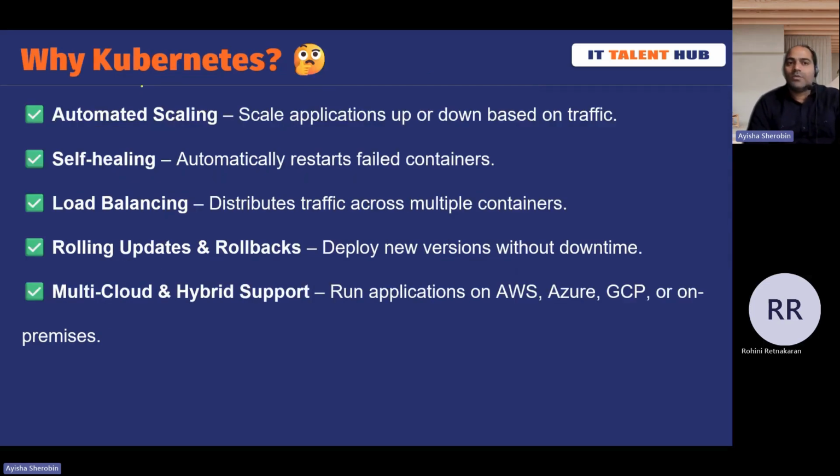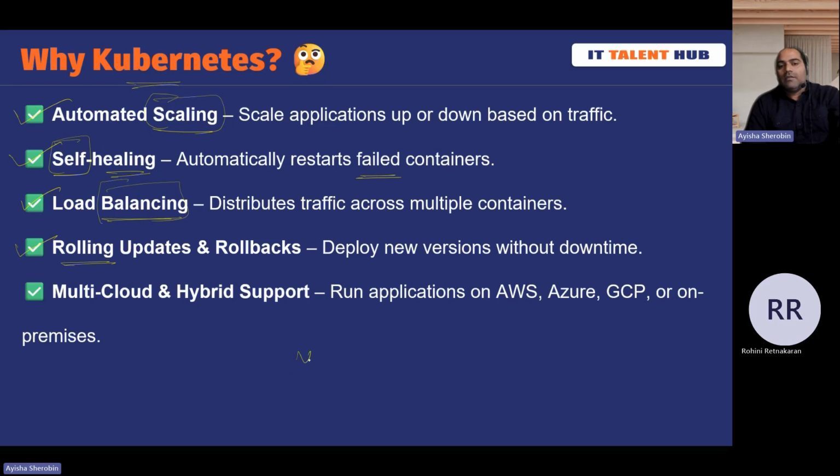And why do we use Kubernetes here? Automated scaling. Of course, we are looking for an automated process only. Self-healing: whenever there is a container failure, it should automatically restart or recreate the failed containers. Load balancing is also a very important thing to consider. When there is huge traffic on our application, we have to be able to manage the traffic, right? And also rolling updates.